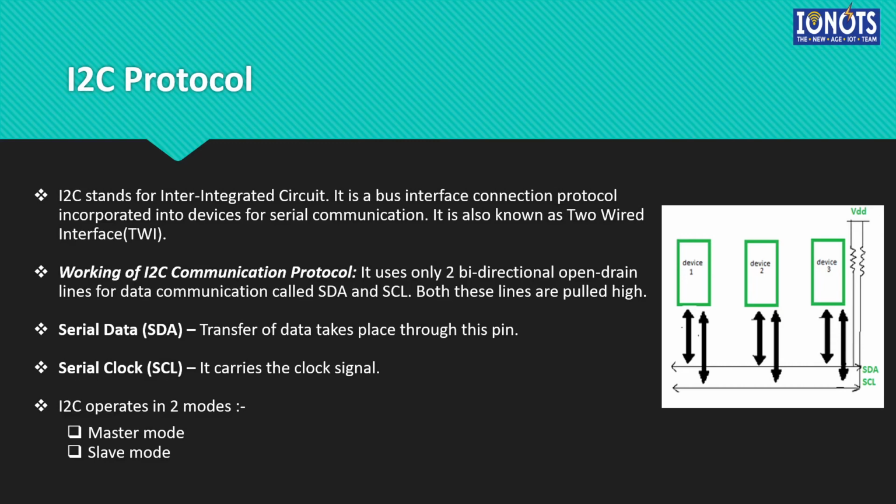In case of SPI protocol, we had one master, one slave, one master, multiple slaves. But we never had multiple masters and multiple slaves. That is not possible in case of an SPI protocol. You can only have one master in case of SPI protocol. But in case of I2C protocol, you can have multiple masters and multiple slaves. This configuration is possible over here.